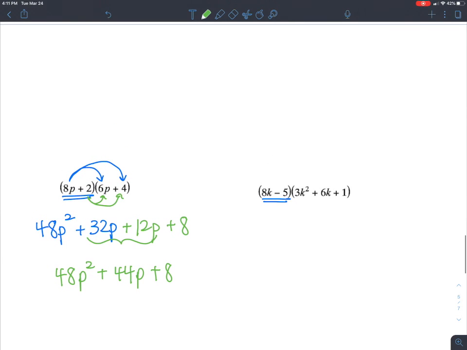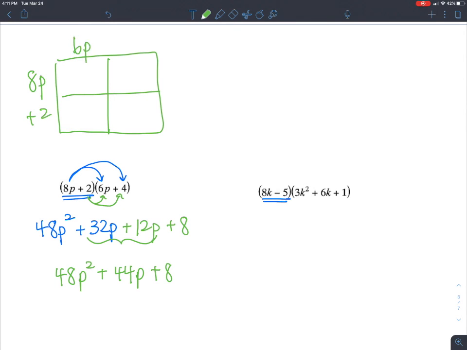This is the same product as if you were doing the box. So here to illustrate that, 8p plus 2, 6p plus 4. We're getting the same terms as we did before. These are the same. Just the box is a way to organize it so I know I'm multiplying all the right pieces together.